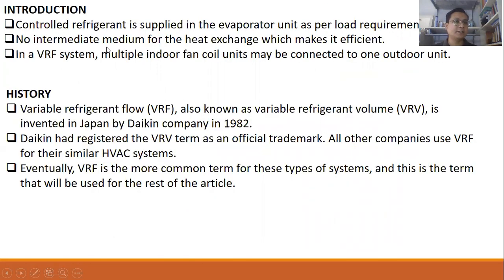The controlled refrigerant is applied in the evaporator unit as per load requirement. There is no intermediate medium for heat exchange, which improves efficiency. In the VRF system, multiple indoor fan coil units may be connected to one outdoor unit.